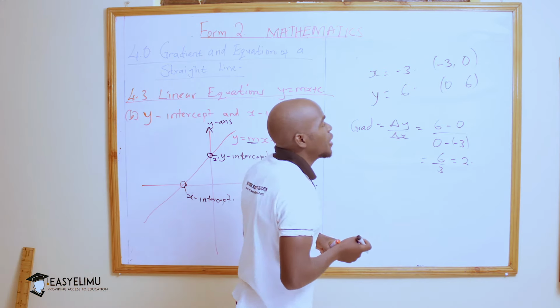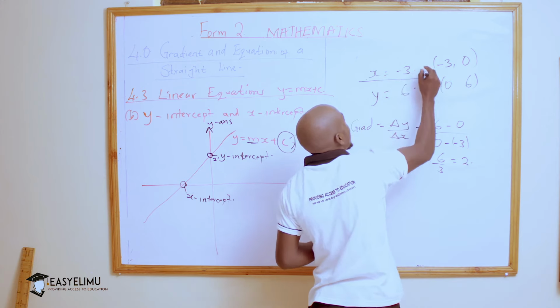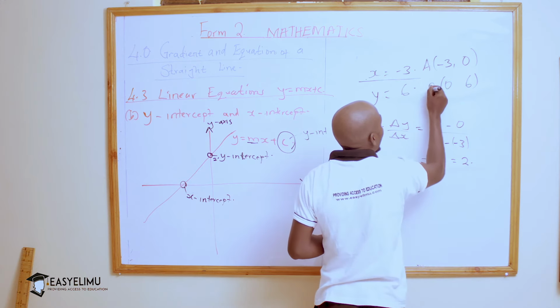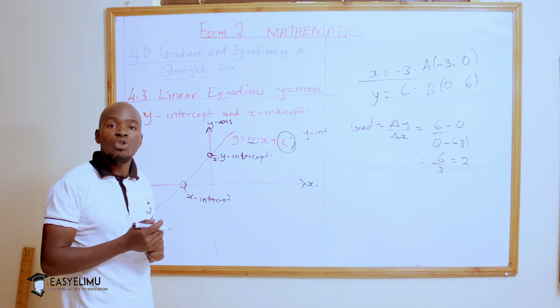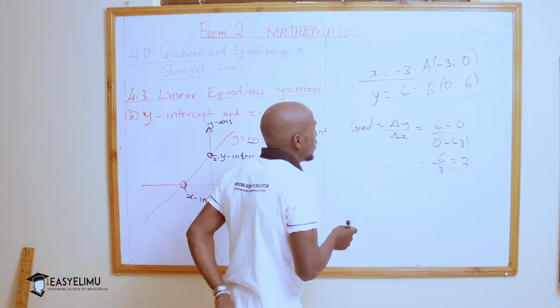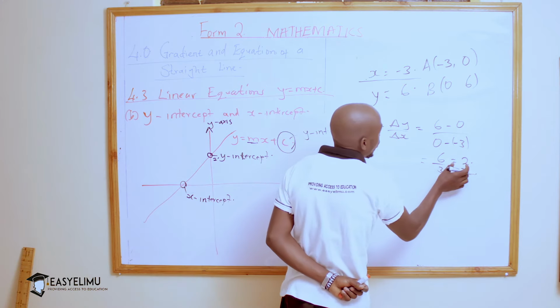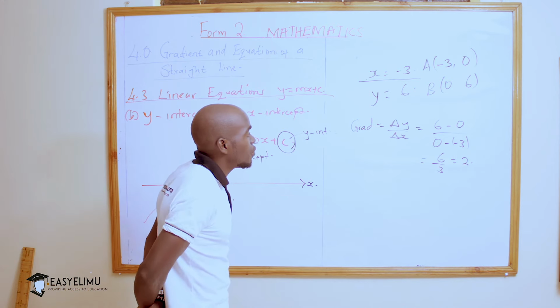If you have difficulty identifying, you can name the point which has the x-intercept as point A and the other one as point B, in such a way that it will help you to find the gradient. So the line has a gradient of 2.